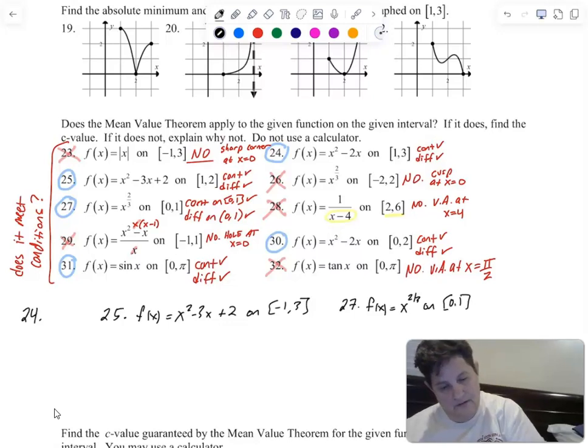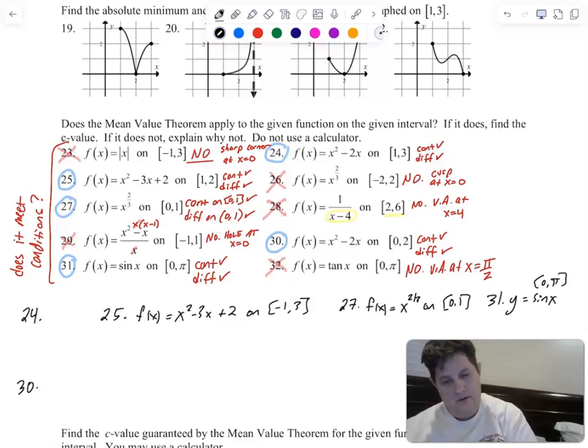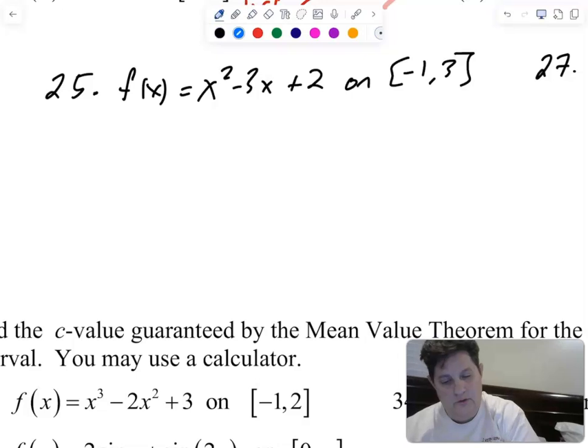And then we're going to do 30. You guys can do that one on your own. And then 31, we will do that one together. That's on the interval 0 to pi. I'm going to do these 3 with you. So let's start with number 20.